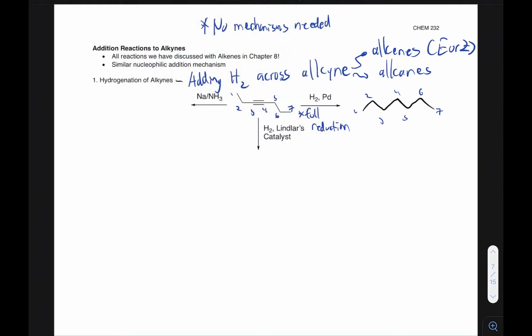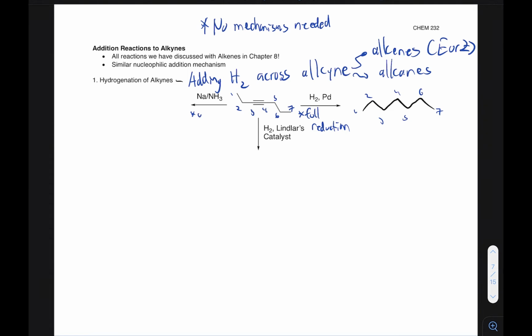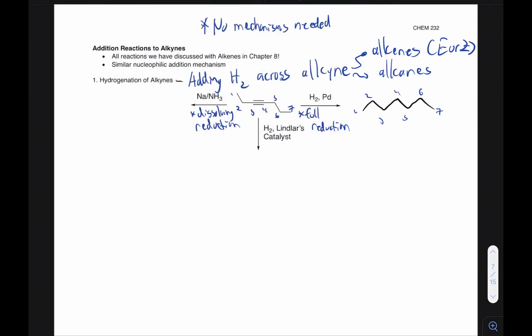And so now for this other example here on the left, this sodium ammonia complex is known as a dissolving metal reduction with sodium. And sodium is really potent for these sort of reactions. It's pretty reactive itself.